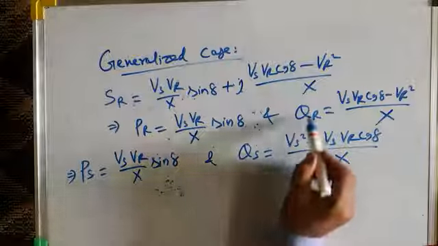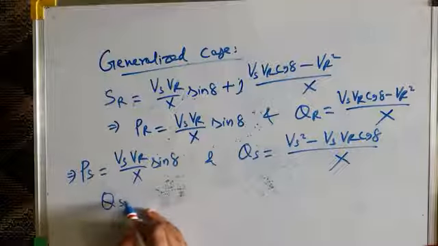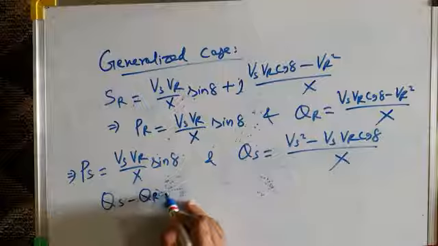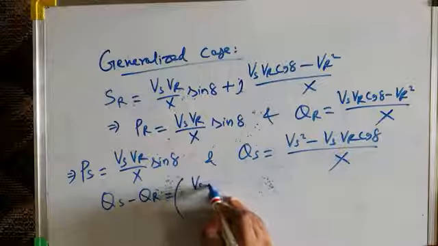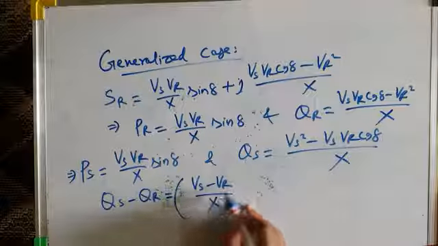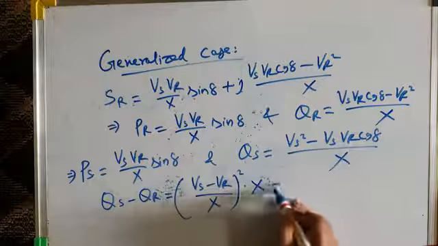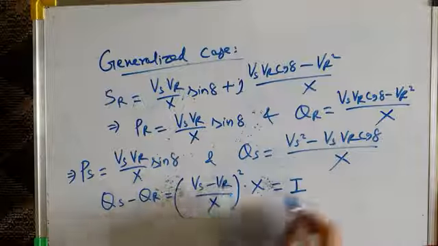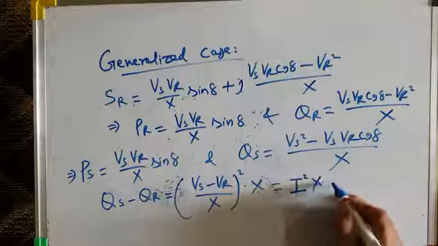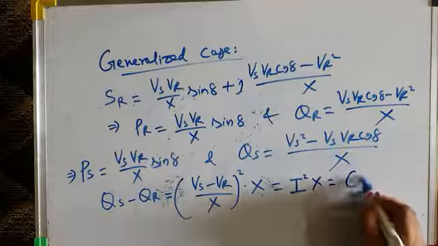And the difference between the two reactive powers, that is, reactive power at sending end minus reactive power at receiving end, is nothing but reactive power loss, and that is given by ((Vs minus Vr) by X) whole square into X. Just a few moments ago we derived this equation also. (Vs minus Vr) by X is I, so this is I square X, and this is nothing but Q loss.